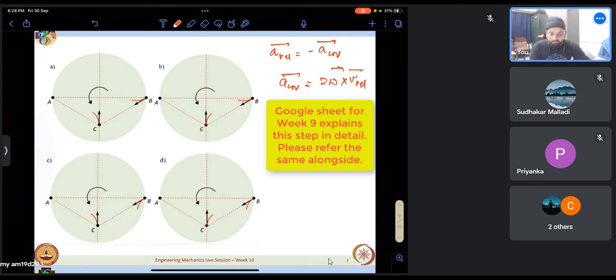This is pointing out of the plane of the paper. Whether it is positive or negative will be defined by our coordinate axis, that is fine. But it is essentially pointing out of the plane of the paper. So let me take this case first. This is pointing out of the plane of the paper, and I have my VREL that way. So my Coriolis acceleration comes out to be this way.